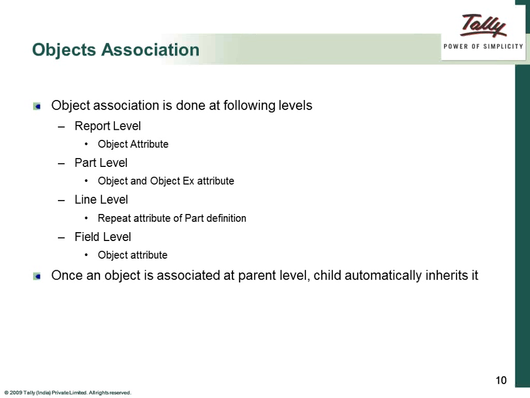Great. At report level, we have an attribute called object. That means at report level, a primary object can be connected. At part level, we have two attributes, an attribute called object and an attribute called object EX.